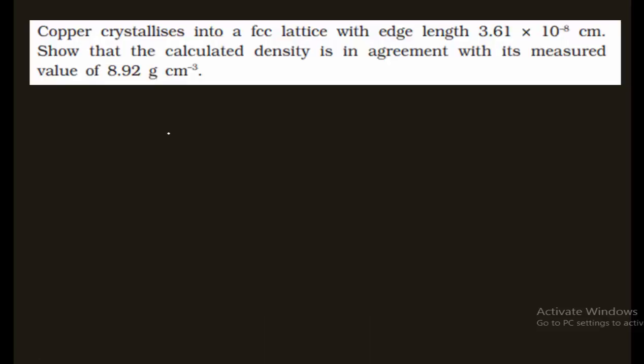So first question, copper crystallizes into a FCC lattice with edge length 3.61 into 10 raised to minus 8 centimeter. Show that the calculated density is in agreement with its measured value of 8.92 gram per cubic centimeter.